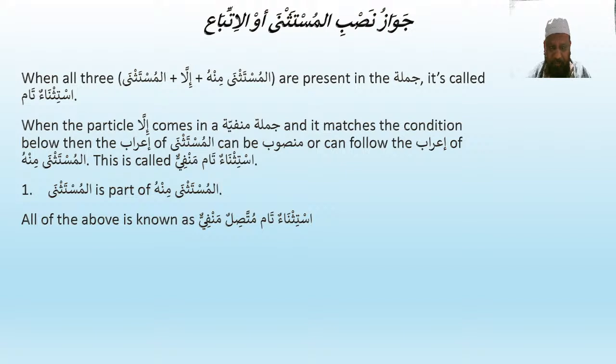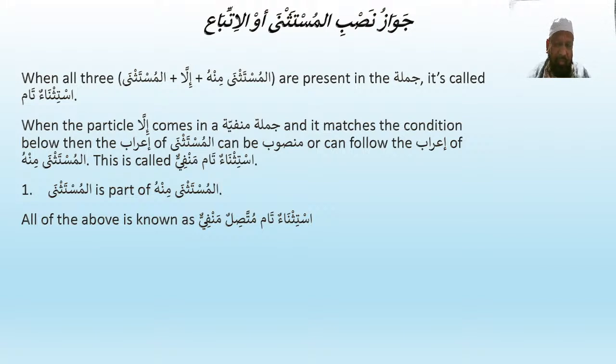This is the condition. So all of the above is known as istithna'un, tamun, muttasilun, manfiyun. Istithna tam. Why? Because all three are present. Muttasil, mustasna is part of mustasna minhu. Manfi, because there is a harf nafi there.